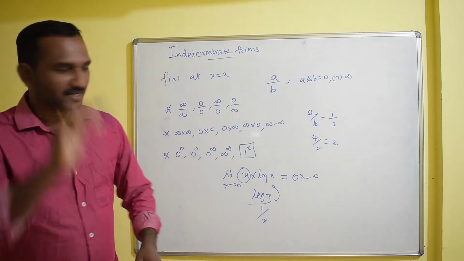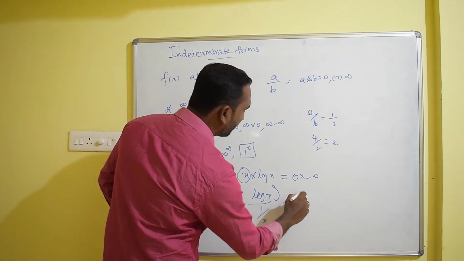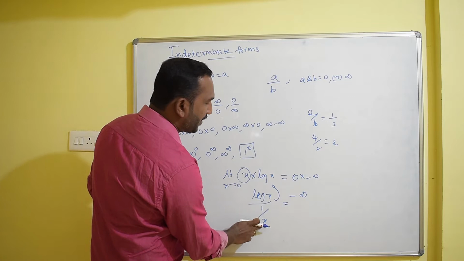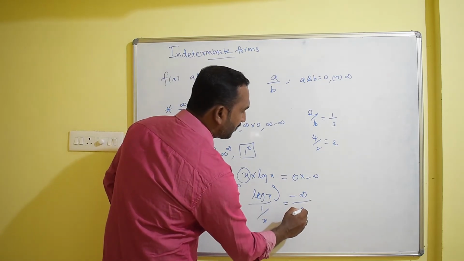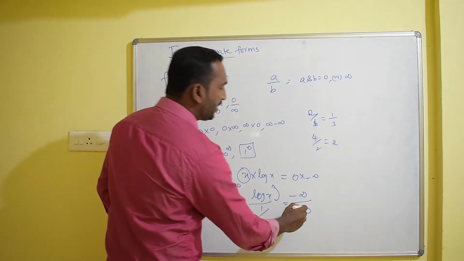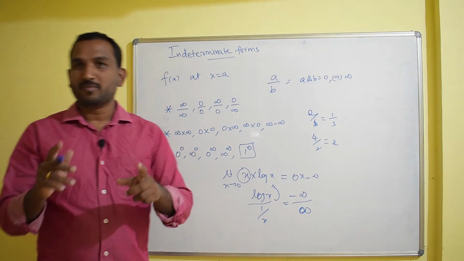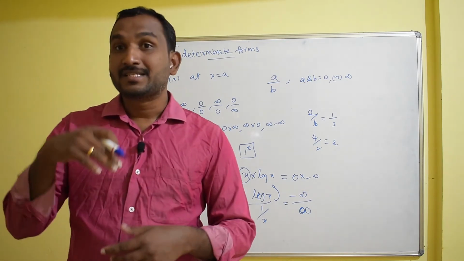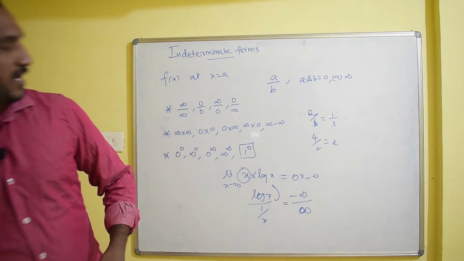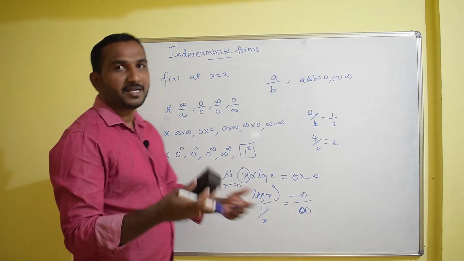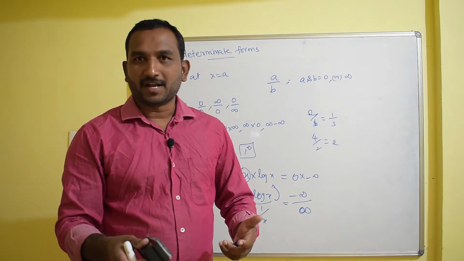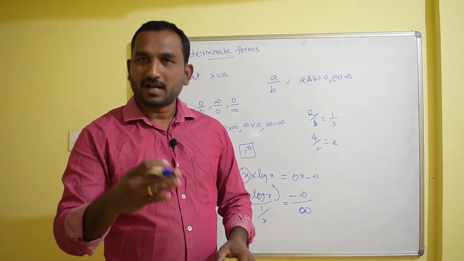Then apply the limit: this will become minus infinity over 1 by 0, that is infinity. Now I got an infinity by infinity form. Now we can differentiate the numerator and the denominator separately and apply the limit. Maybe you will get the finite value. If not, again apply the limit.